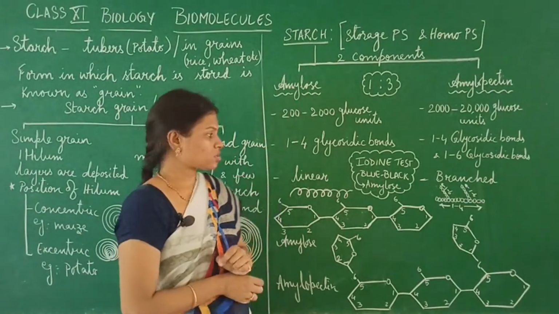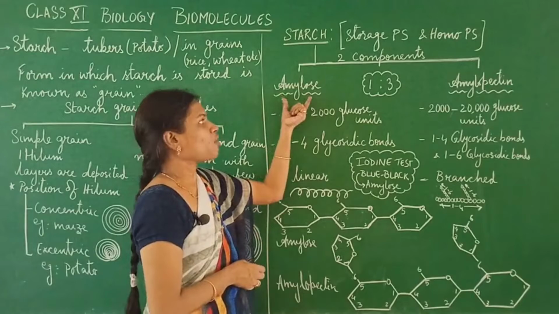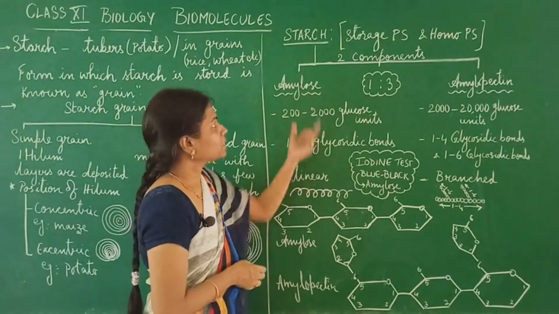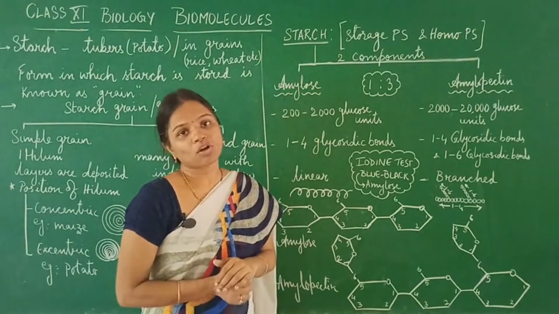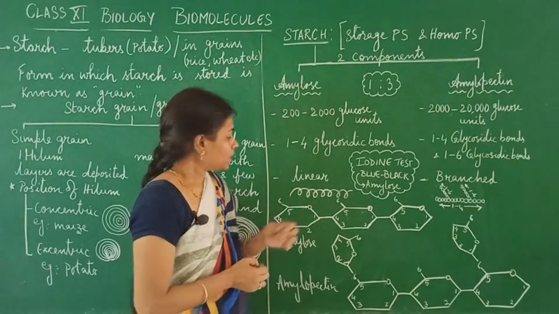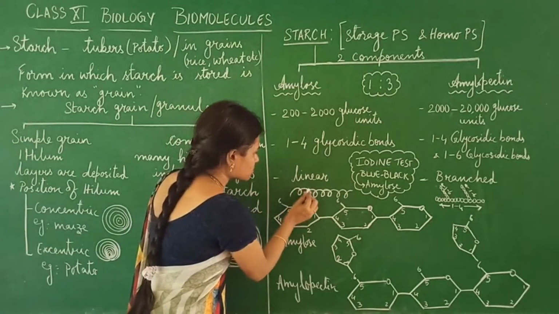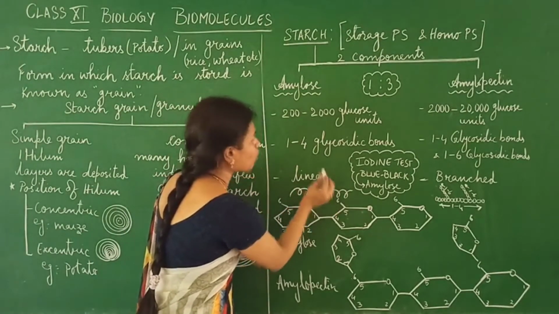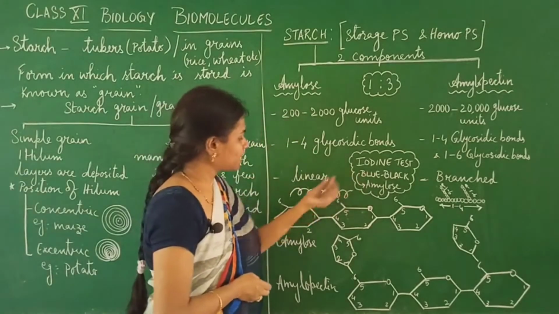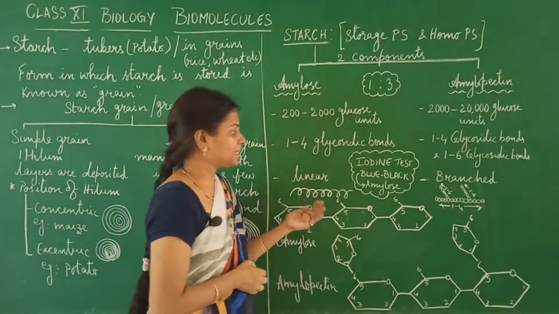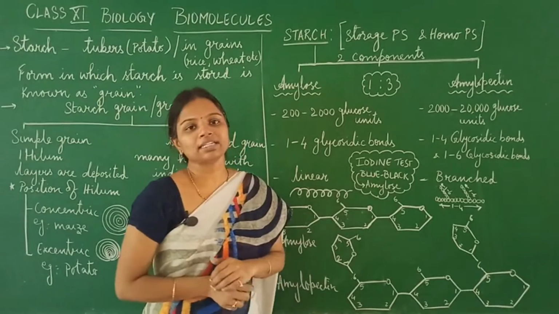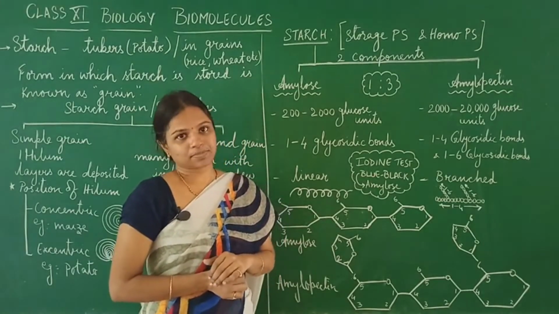This is because of the presence of amylose in the starch as one of its components. In between these loops of the linear molecule of amylose, the iodine gets trapped, and it gives the blue-black color to that particular food substance.